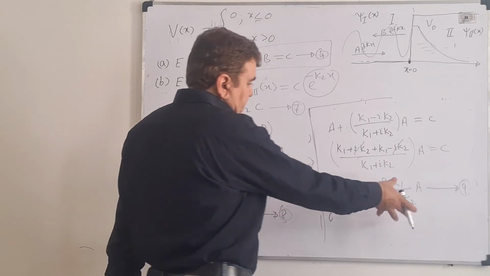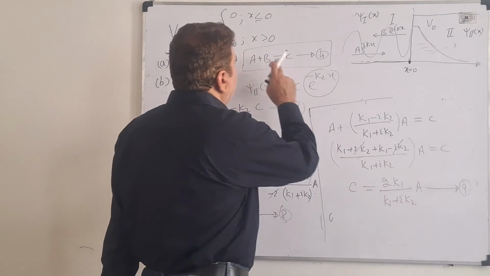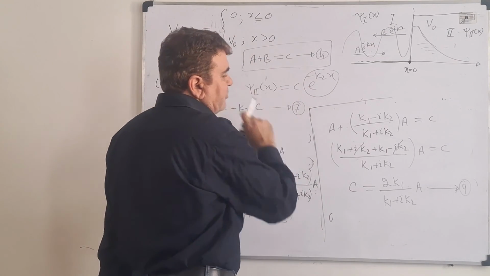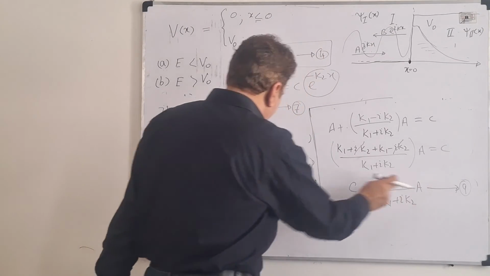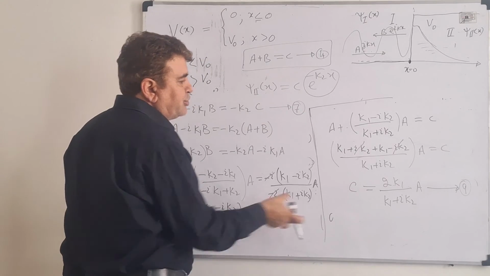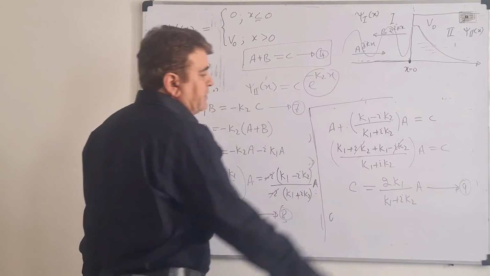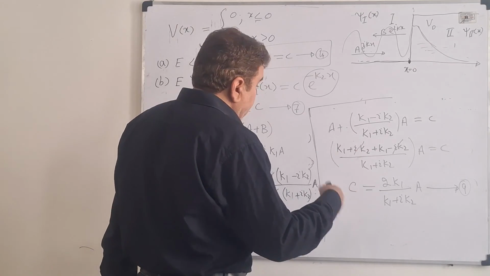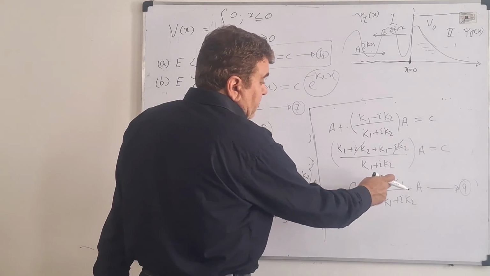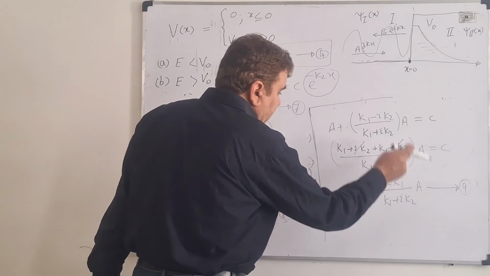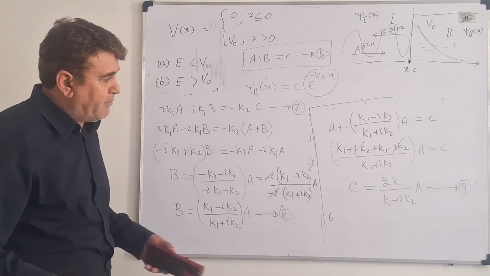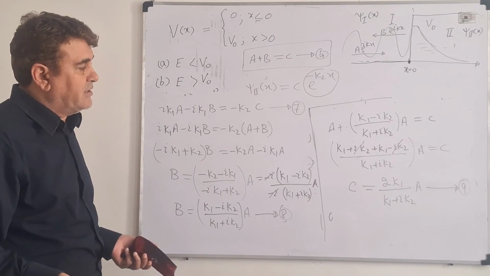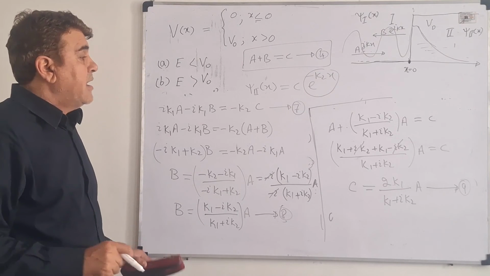So now we have defined the probability amplitudes b and c in terms of the probability amplitude a, and the geometry of the problem. The geometry of the problem means the characteristic of the problem, that is k1 and k2, which are the characteristic of the geometry and of the incident particle, the energy and the mass.